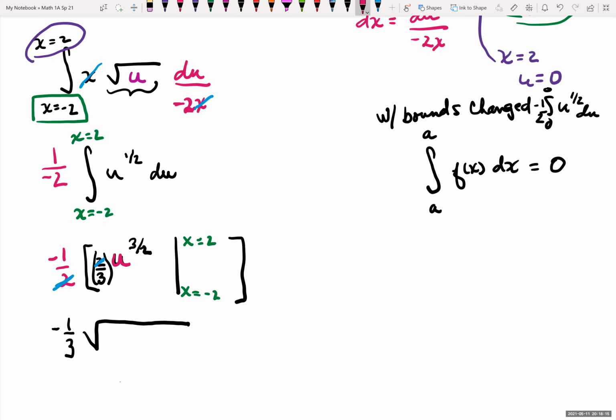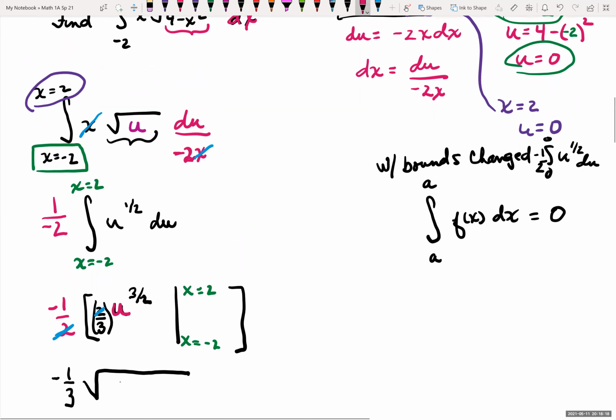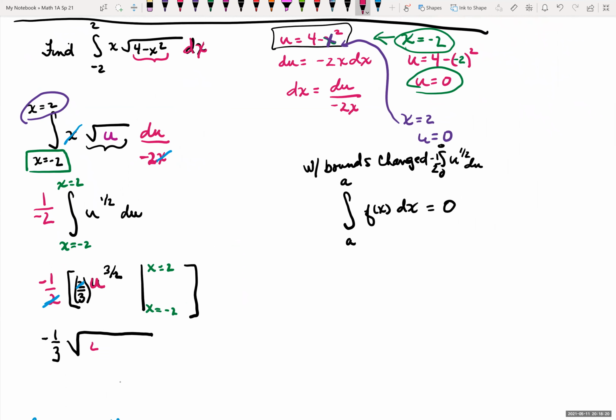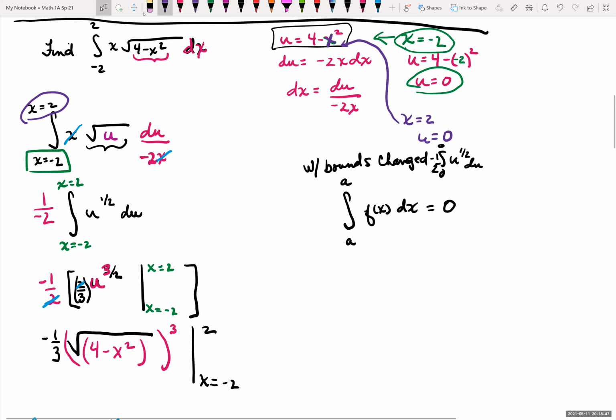u, recall, was 4 minus x squared. And then we're going to cube it. And these are our bounds again from x equals -2 to 2. So recall, we're plugging in our upper bound into our antiderivative minus our lower bound.